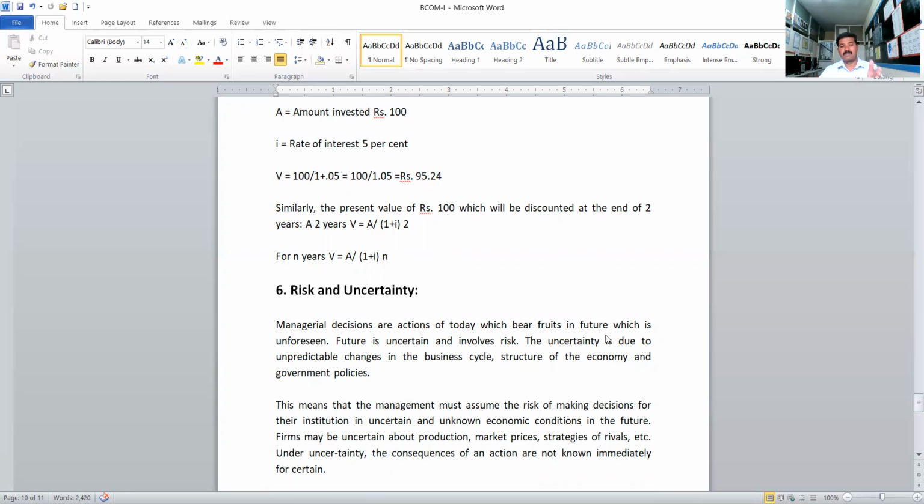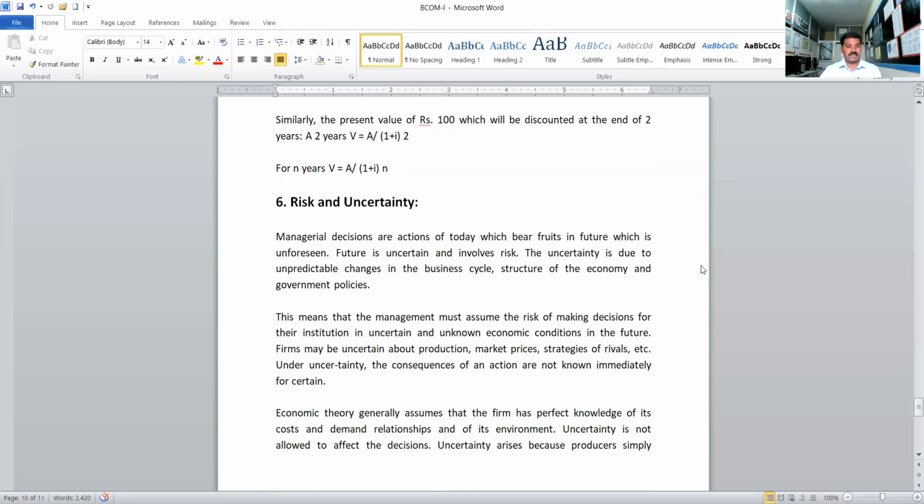Managerial decisions or business economic decisions or actions of today bear fruits in the future, which is unforeseen. The future is uncertain and involves risk. The uncertainty is due to unpredictable changes in the business cycle, structure of the economy, and government policies.